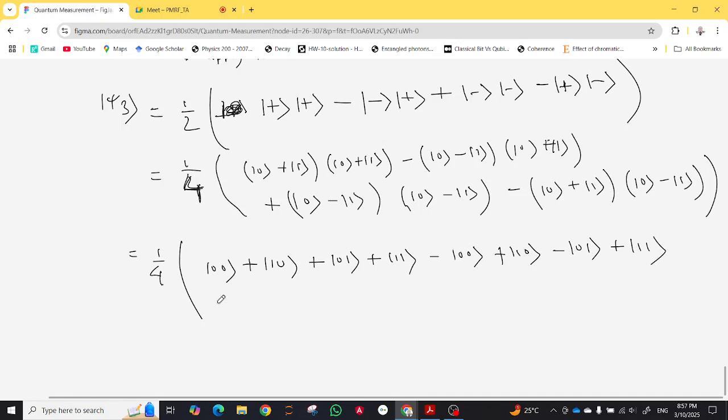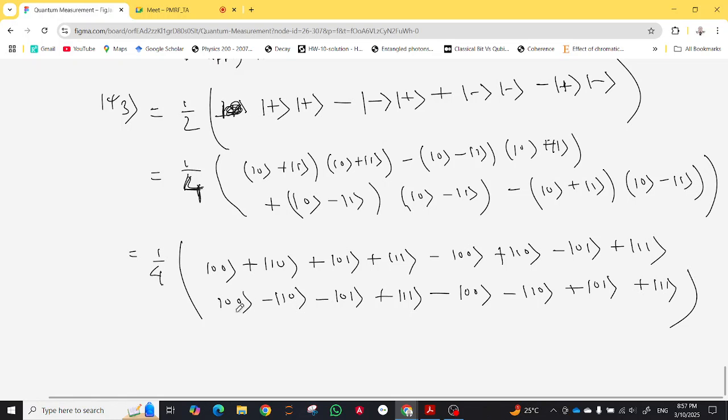Here you will get 0 0 minus 1 0 minus 0 1 plus 1 1, minus 0 0 minus 1 0 plus 0 1 plus 1 1.